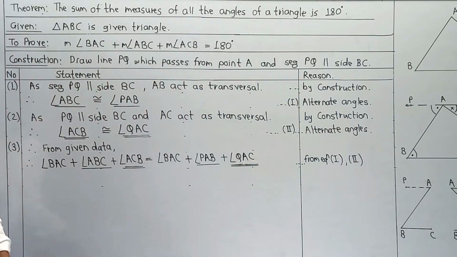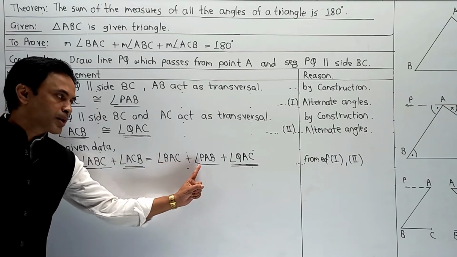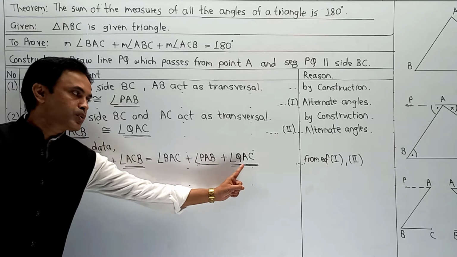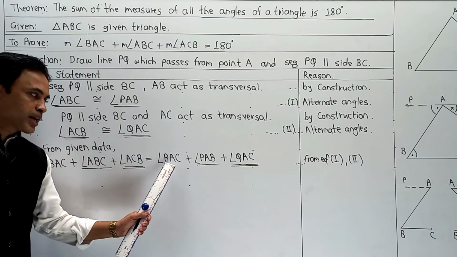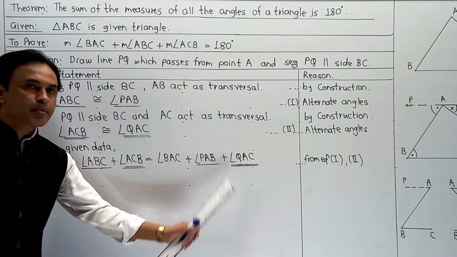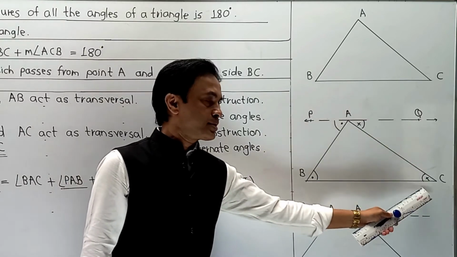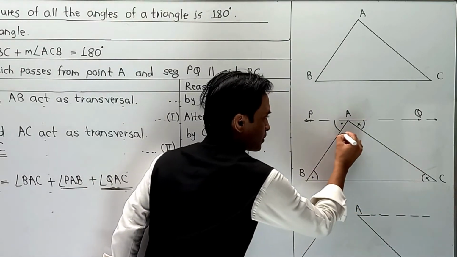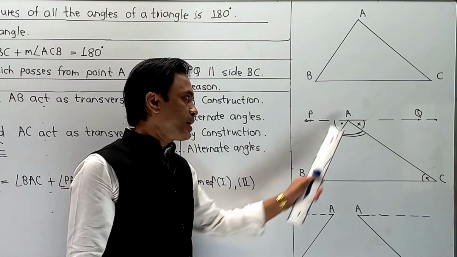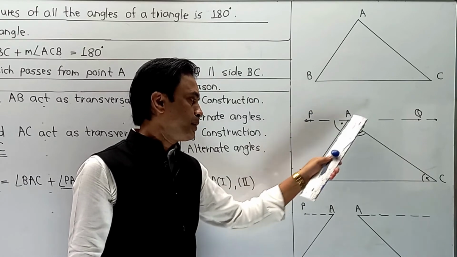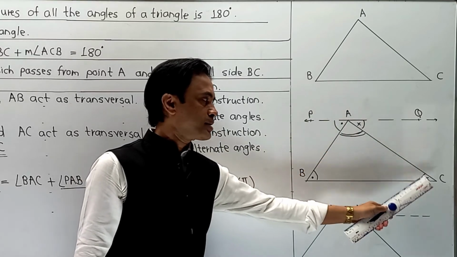Now pay attention to this part. Here is a new expression: angle BAC plus PAB plus QAC. Please observe the part from the diagram. First, angle BAC plus PAB. Observing angle BAC, we are talking about this angle. When this BAC is added with PAB, first plus second, that angle becomes PAC.